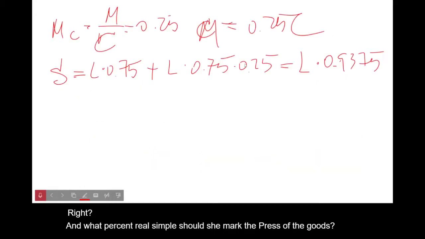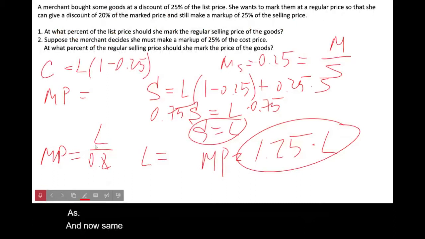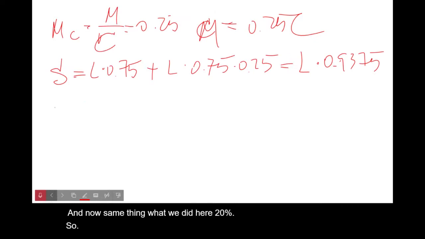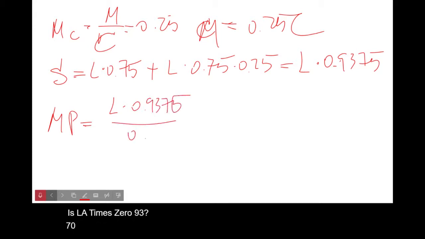So we find S. Now same thing as what we did here, 20%. So the marked price is L times 0.9375 over 0.8. So let's see. 1.171875. I didn't round it.